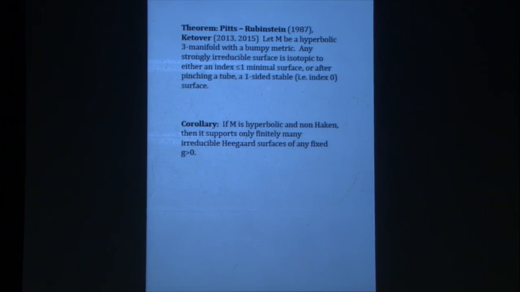There's also another key theorem which is essential, due to Pitts, Rubinstein, and Dan Ketover.